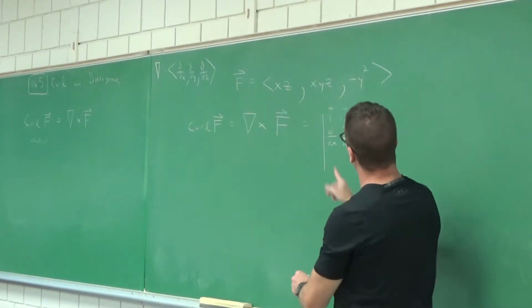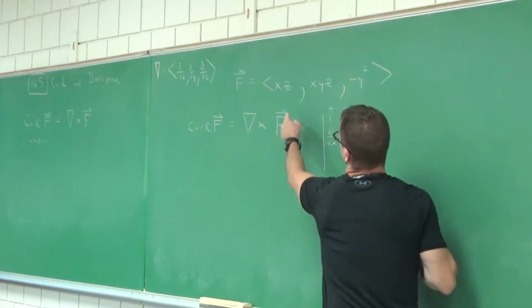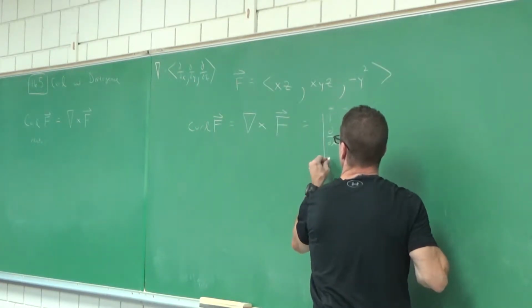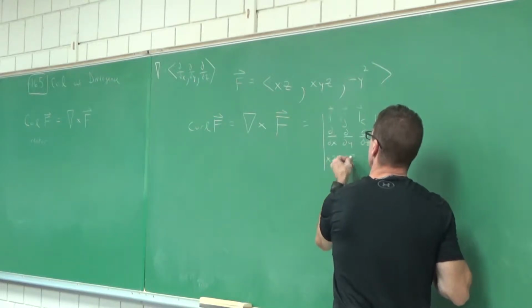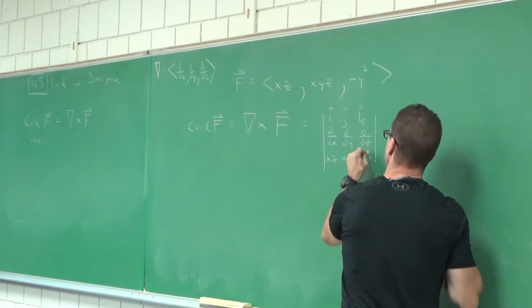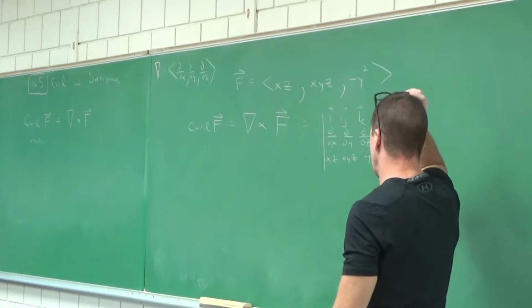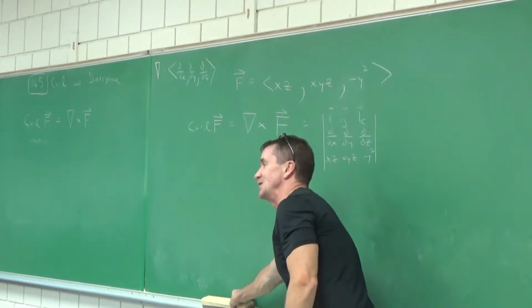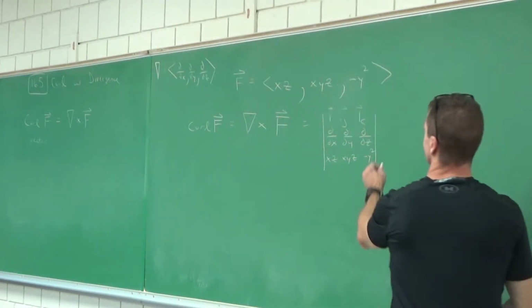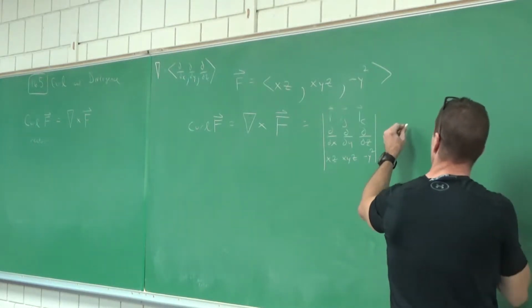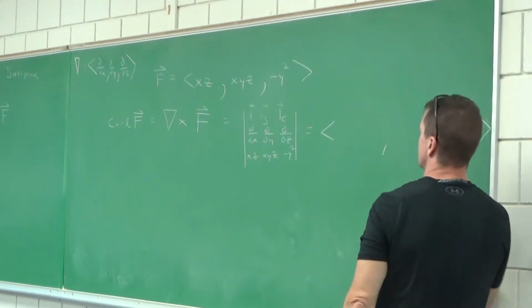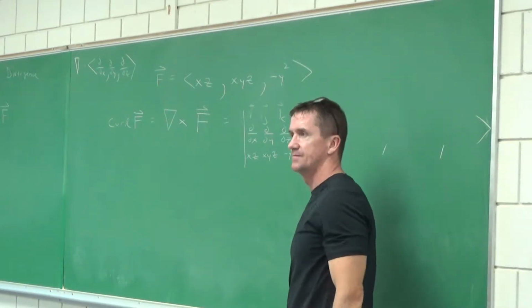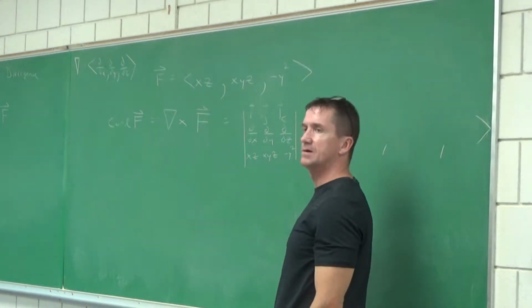F is, I got enough room here. This is xz. The y component is xyz, and the z component is negative y squared. And we're going to do this just like we always did a cross product. And the cross product of two vectors is a vector. So we're going to do the cross product.